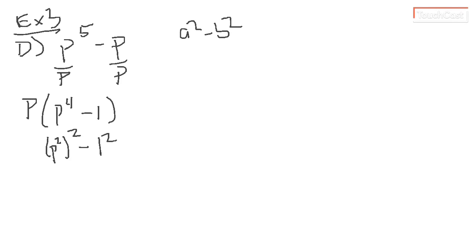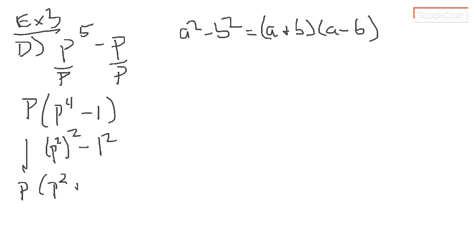Because of this, we can now factor further. We're going to bring the original p down, and this can now factor to, remember, the difference of squares factors to a plus b times a minus b. So this is going to factor to p squared plus 1 times p squared minus 1.